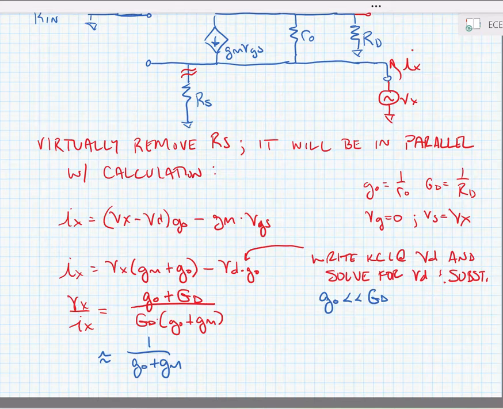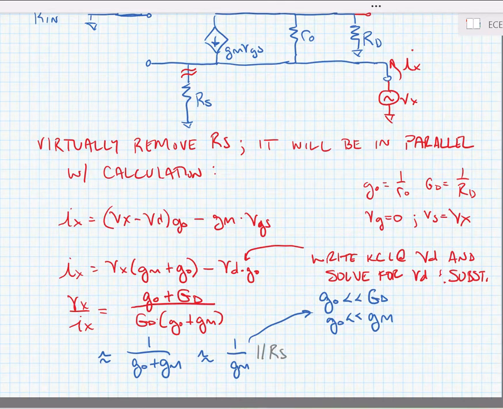Now, we further normally can say Go is much, much smaller than Gm. In other words, we can say that Vx over Ix is approximately equal to 1 over Gm, if those two assumptions hold. Now, last thing here, because we removed Rs virtually at the beginning, whatever we find here is in parallel with Rs.